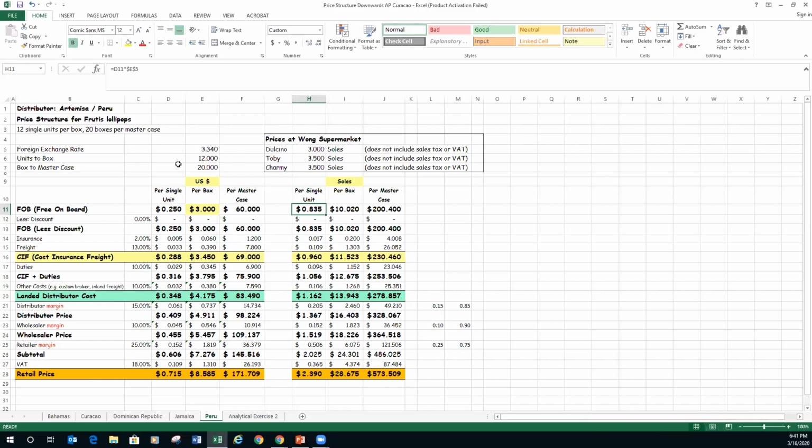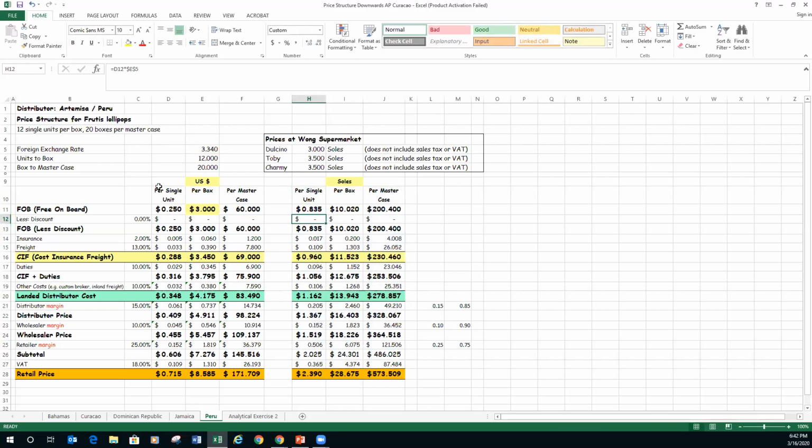So let's say you have D11, you're gonna say H11 is equal to D11 times 3.34, or times E5. Okay, so you can see it here. And we are gonna do the same for each cell. So you go to the next one and you do times E5, and the next one is times E5, and so on. So this part should be very simple for you.